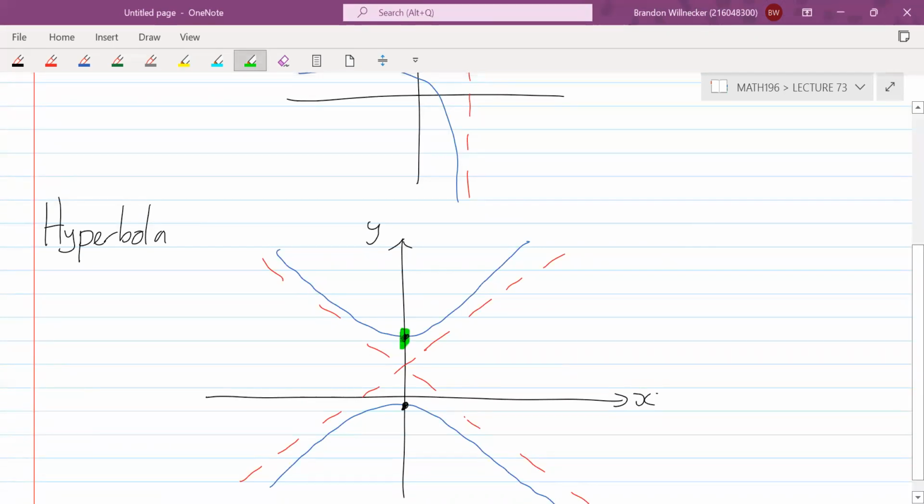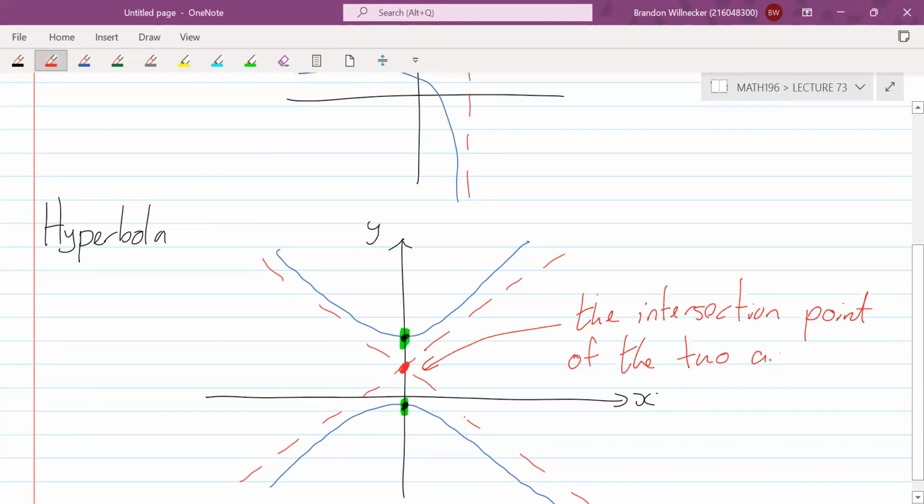So we've got this Y-intercept, or turning point, and that one, and halfway between them is the intersection point of the two asymptotes.